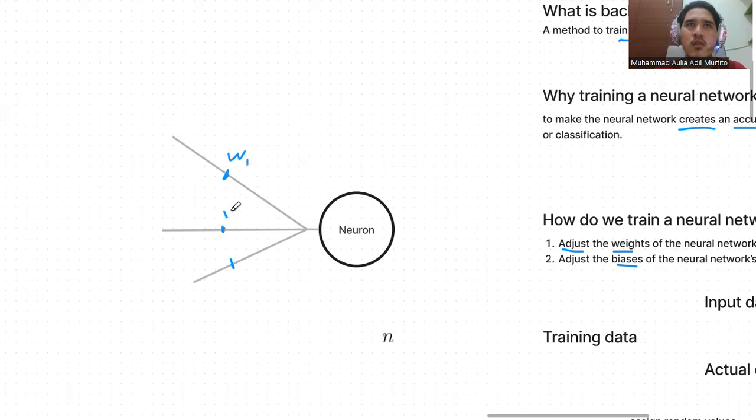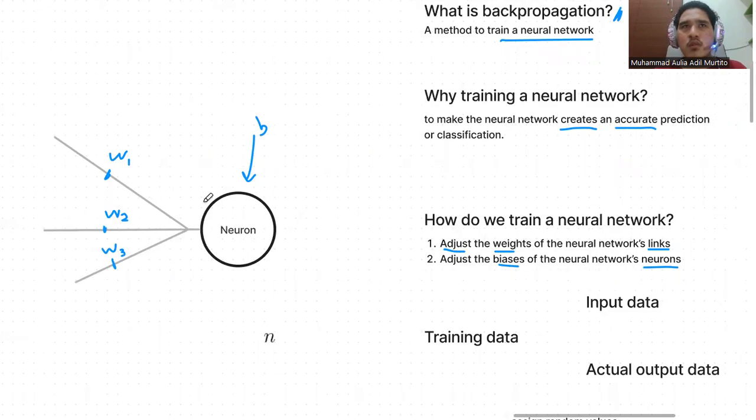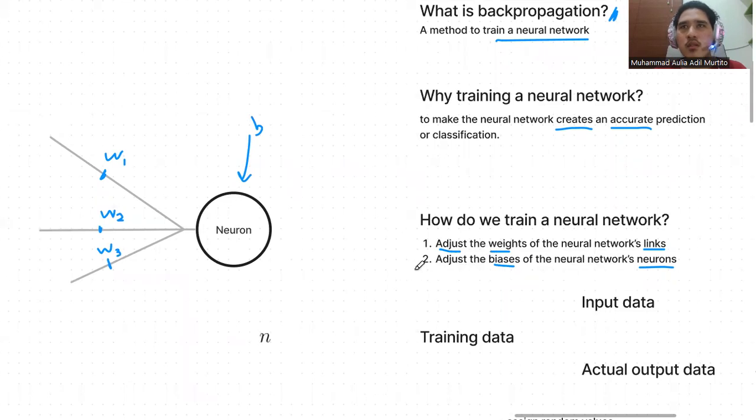So this is W1, this is W2, this is W3. And of course, all these three weights could be different from each other. As for the bias, it is the neuron's responsibility, and each neuron's bias could be different. So these are weights and biases.